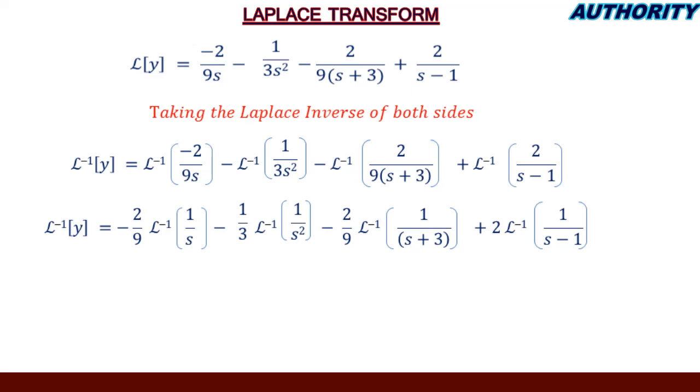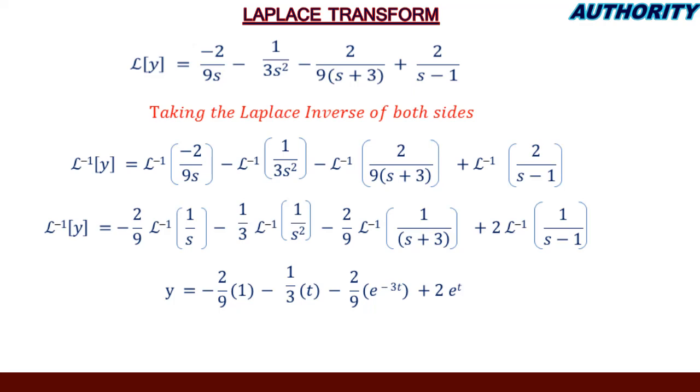For the first term, the Laplace inverse of 1 all over s is going to give us 1. Now the next one, we have minus 1 all over 3. The Laplace inverse of 1 all over s squared is t.